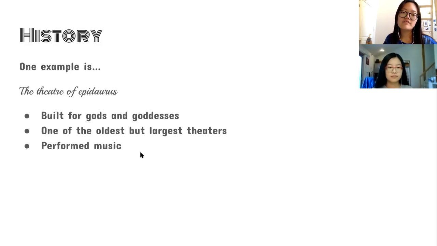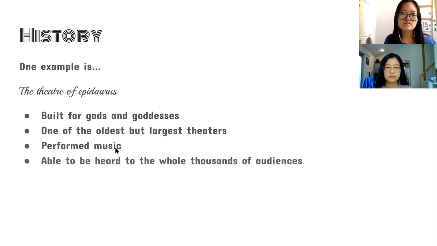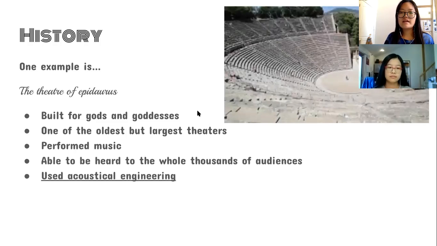It was formerly used for performing music, and the performed music can be heard by thousands of audience members, which is due to the acoustical engineering. And this is a picture of the theater.